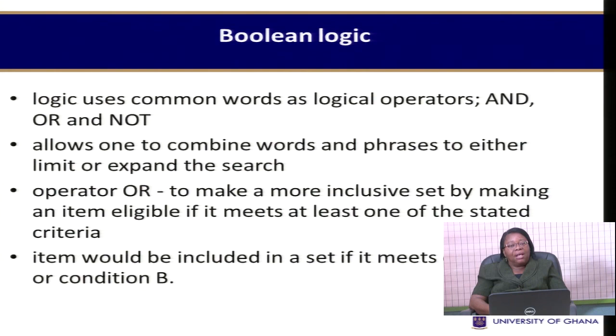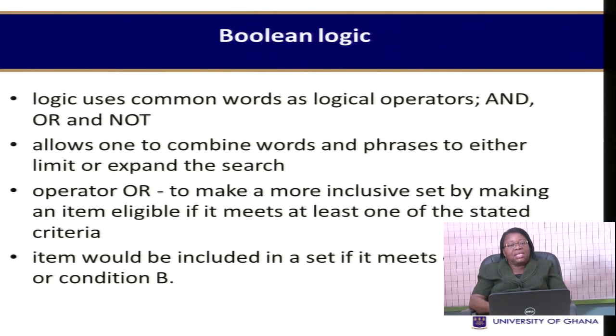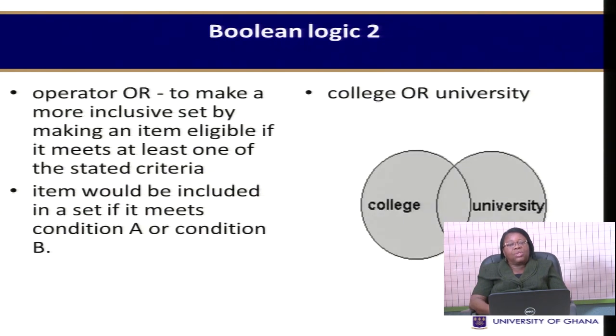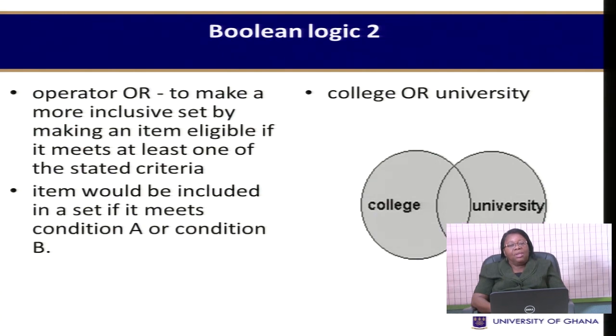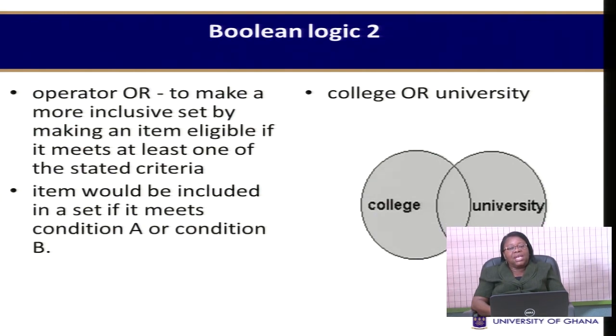The OR operator really expands your search. It makes inclusive every item. That means any keyword that you list is included in your search. The AND operator limits your search to just the keywords that you have listed. So let's look at examples of the OR operator. Do you see that the college and the university and even in between, it's all shaded? Yes, when you use the OR operator, you are referring to everything, college or university.